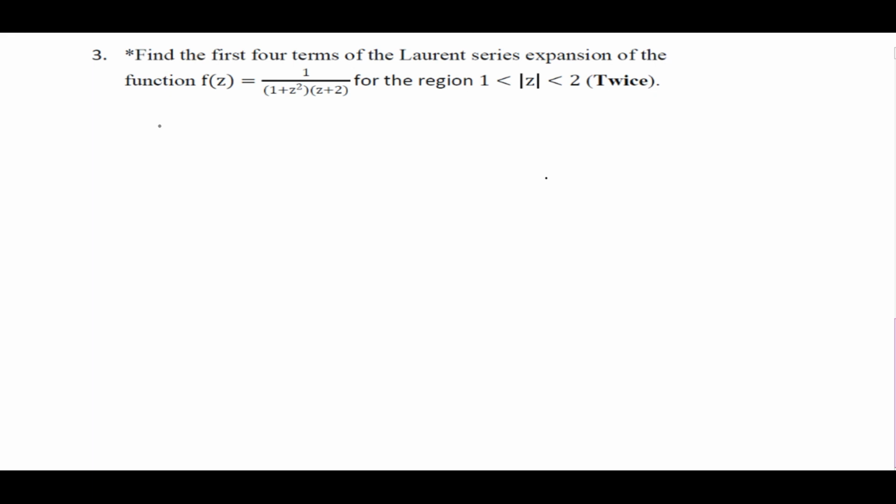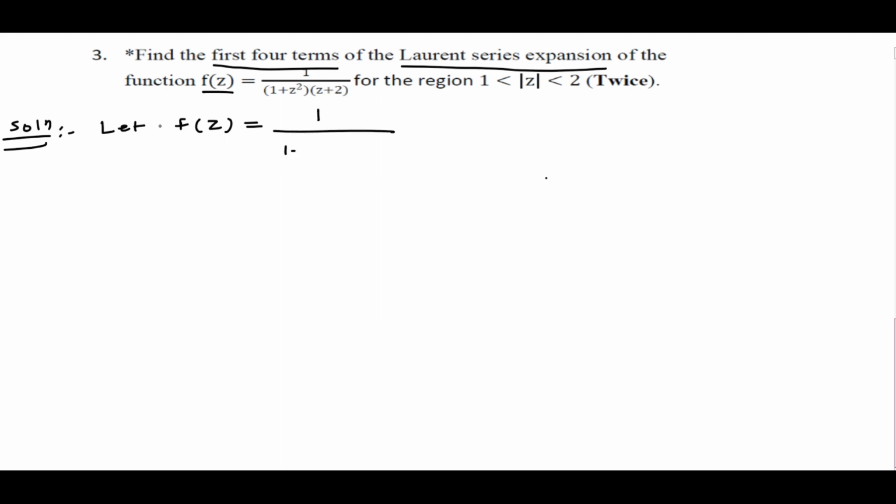So now in problem 3, we need to find the first 4 terms of the Laurent series expansion of the function f of z. So now here, let us consider the given function f of z is equal to 1 upon (1 plus z square)(z plus 2).